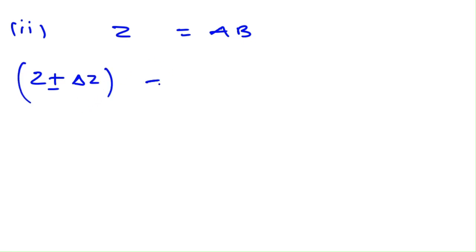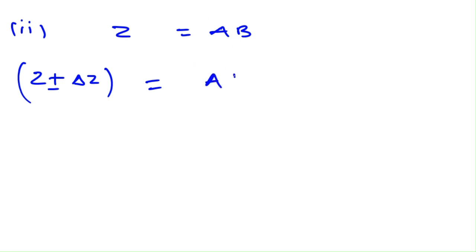let's take the second case, when we have measured these two values and multiplied them to get another value. How will the error be propagated? Let's say delta Z is the absolute error in Z, and this we have to determine.